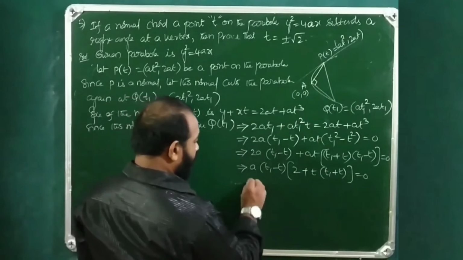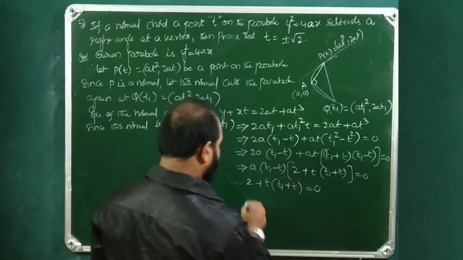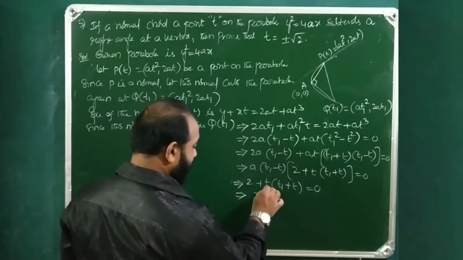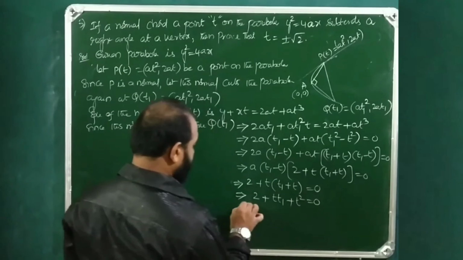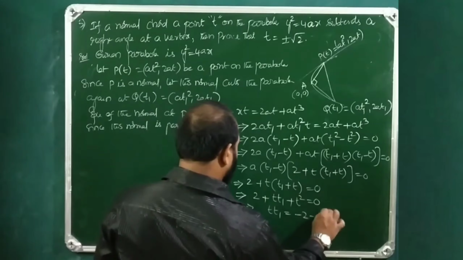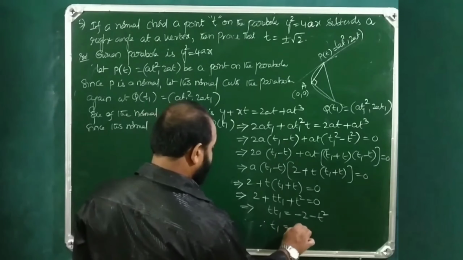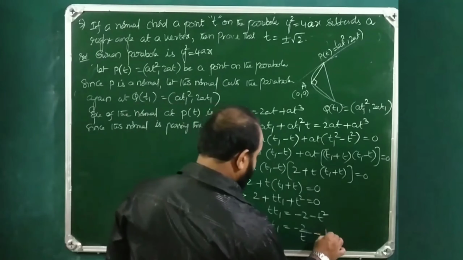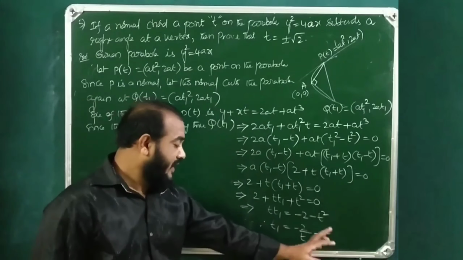Therefore, 2 plus t into t1 plus t equals 0. From this, 2 plus t1 t plus t square equals 0. From this, t1 equals minus 2 minus t square by t. Therefore, t1 equals minus 2 by t minus t square by t, that is minus 2 by t minus t.